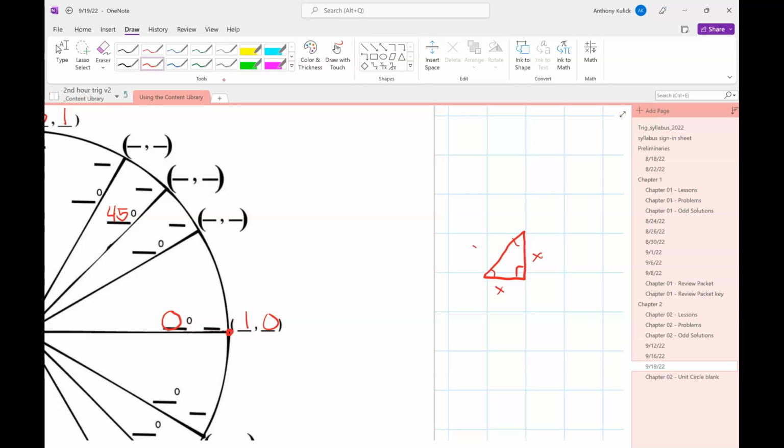It was x, x, and x root 2. Everybody agree with that? Okay. But really, this is our radius. We want that to equal 1. Everybody agree with that?